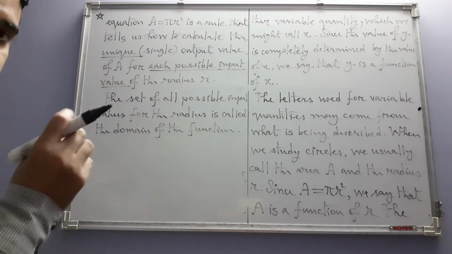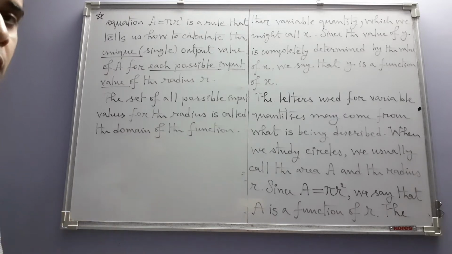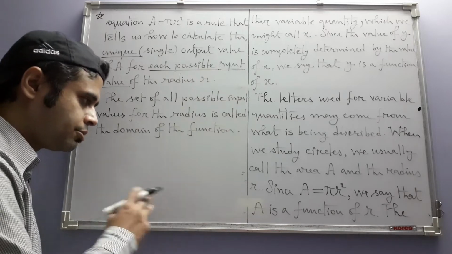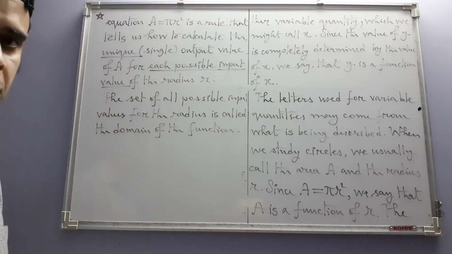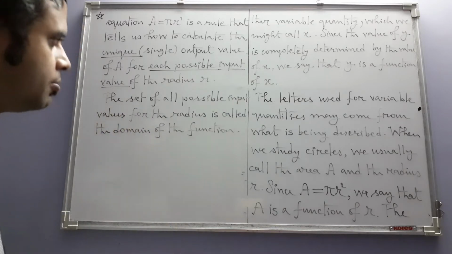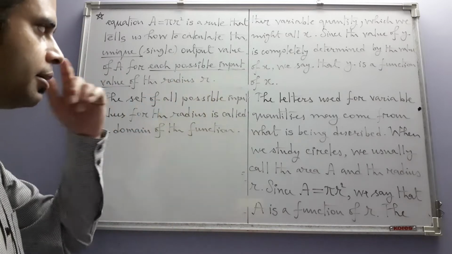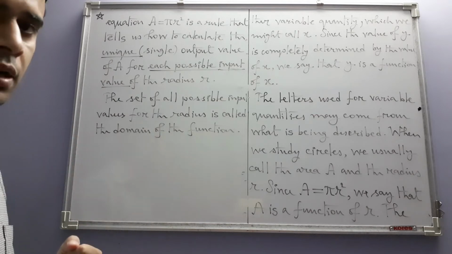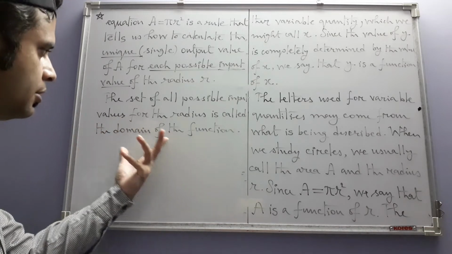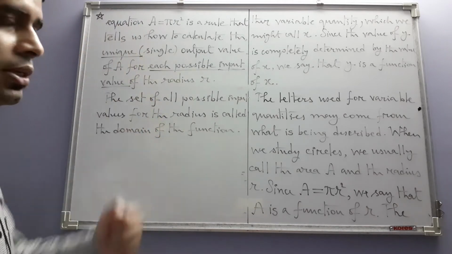It can never take a negative real number value. It does not make sense for a circle, for example, to have radius -1. Okay, so that's why the possible input values for r are non-negative real numbers, and the set of all possible input values is called the domain of this function.